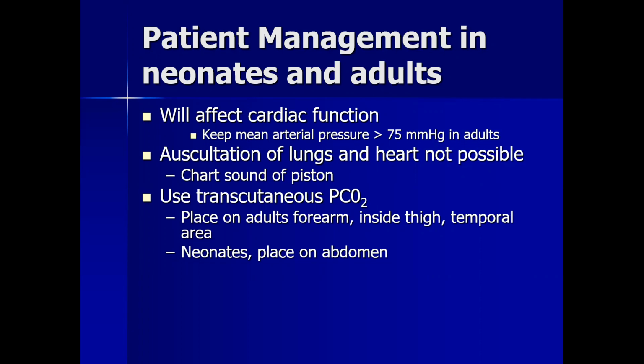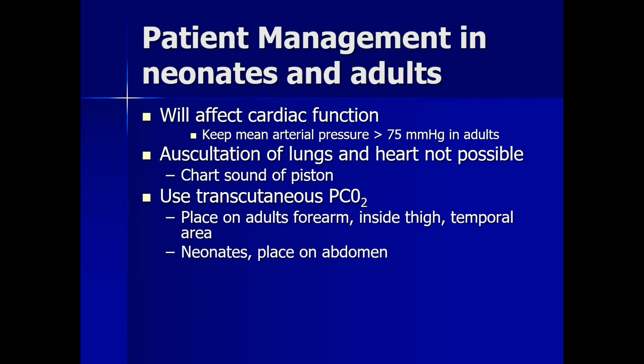And then to keep track of how well we're ventilating the patient, we can't use end tidal CO2 because we don't have a breath in, breath out. We've got what, like 600 breaths a minute. So we can use a transcutaneous monitor and the pulse ox. When you're using a transcutaneous monitor with adults, you have to put it where the skin is thin, like their forearm, inside thigh.